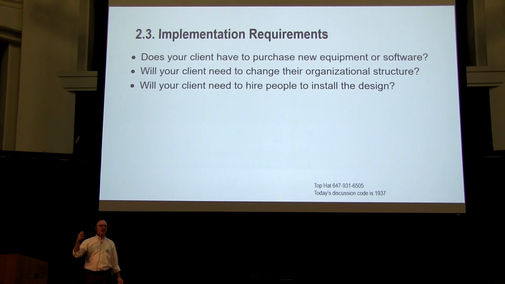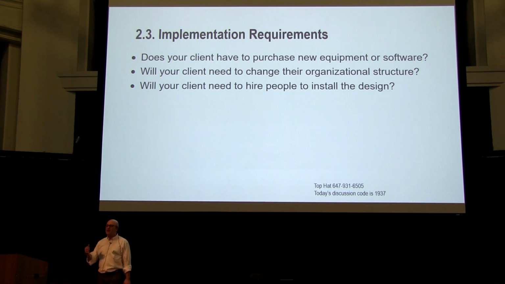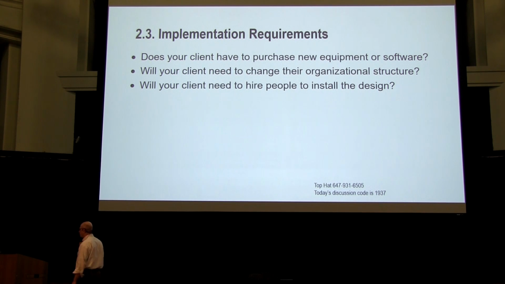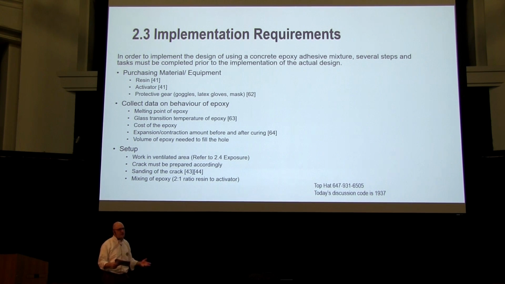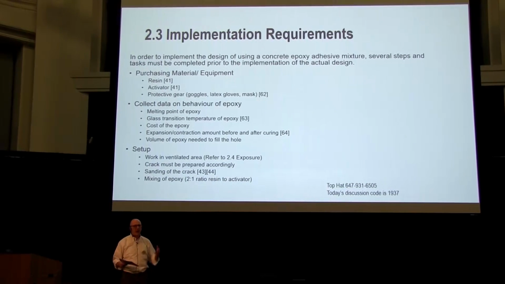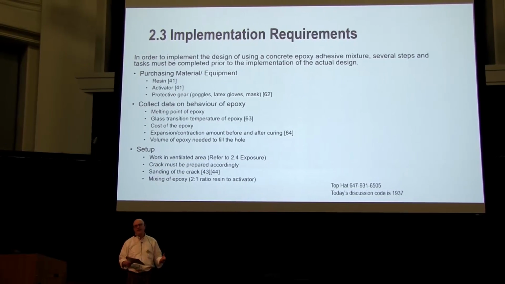If your street is lucky enough to have a Hollywood film being filmed on it, then you're going to get those notices. Those are all part of implementation requirements. What does your client need to know? In this case, the implementation requirements for patching a concrete canoe are relatively simple.